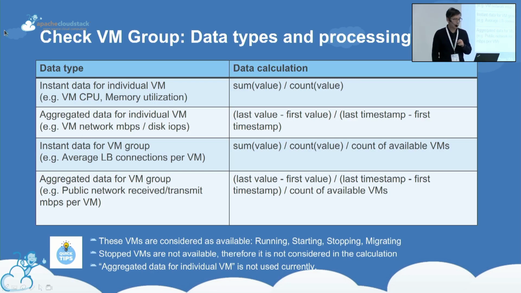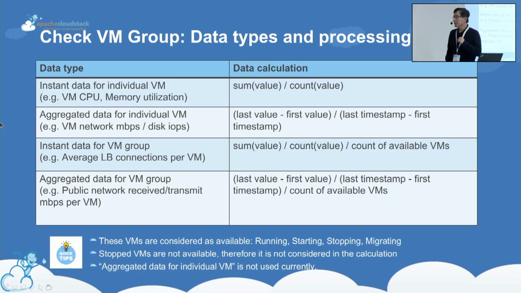The last one is aggregated data for the VM group, for example, network bandwidth. That's the throughput normally when we start the VR, but it's the total traffic to the whole network. So we have to divide by the count of available VMs.